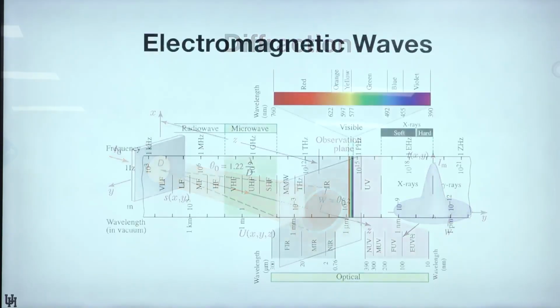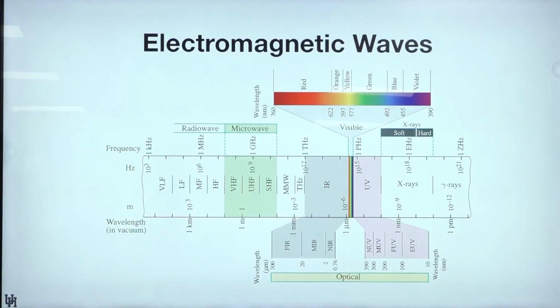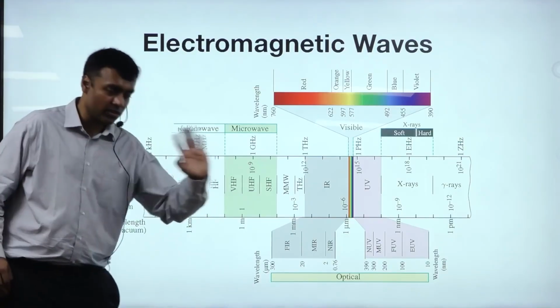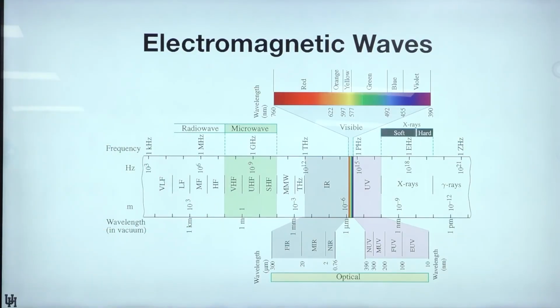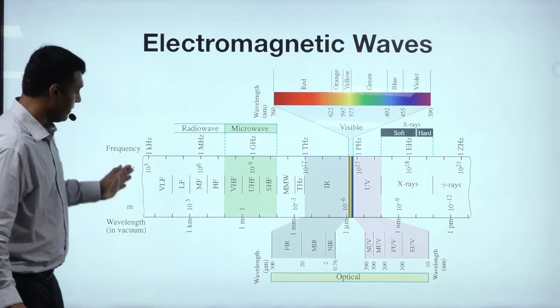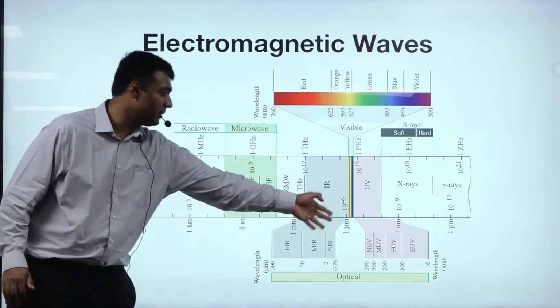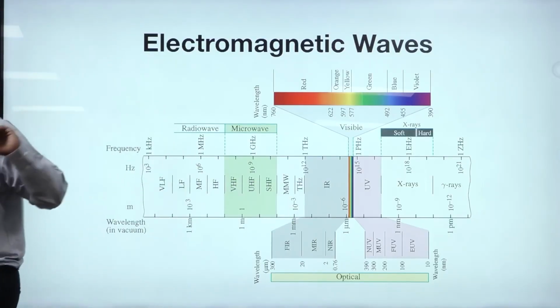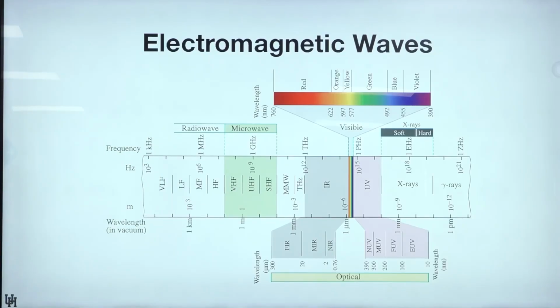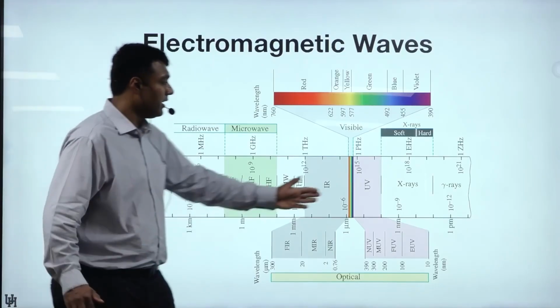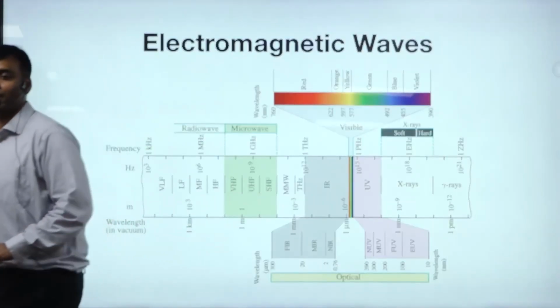Okay? Yeah. So whatever I'm saying is true for all wavelengths of the electromagnetic spectrum. Electromagnetic waves can be kilometers in size, to meters, to millimeters, to microns, to even much shorter, nanometers, which is the order of X-rays, and so on.